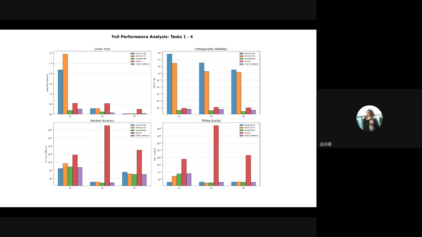I didn't do it very thoroughly. I didn't have much time to prepare it. So here is type 2, task 1 and task 4.